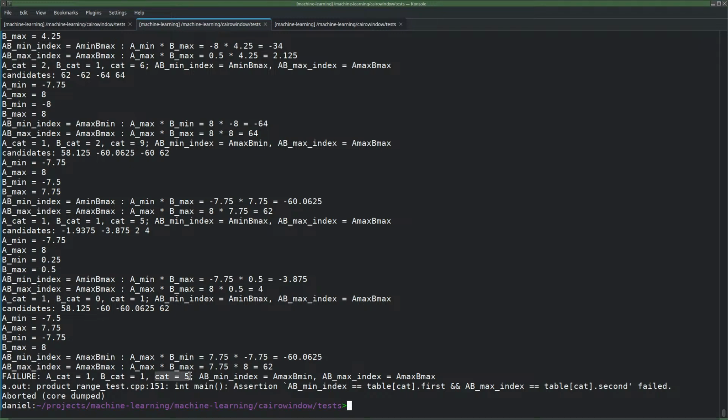Okay, this is about category 5. So we have category 5 here, and that is assigned min, max, and max, max. And now it becomes max, min, max, max. So this one changes.